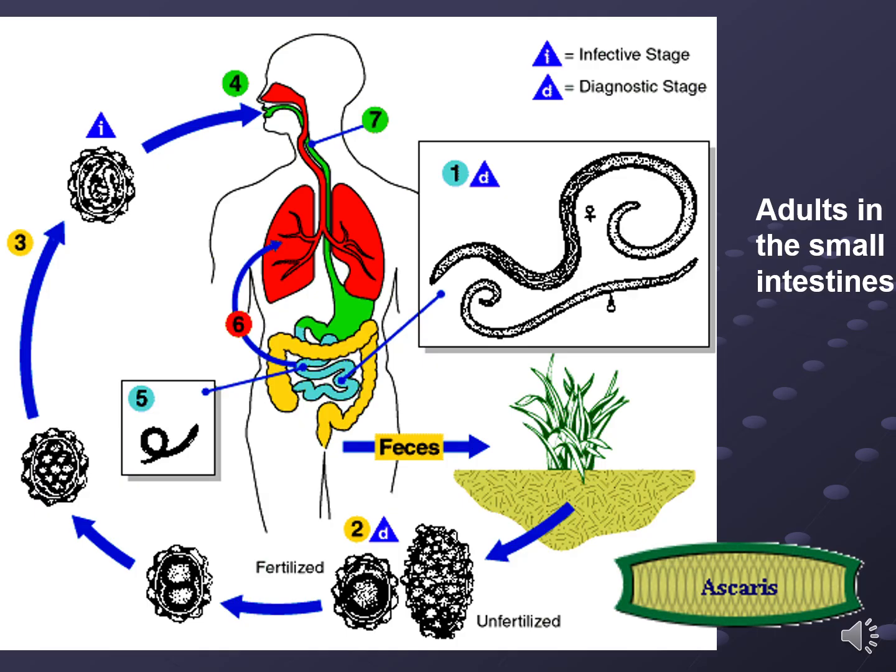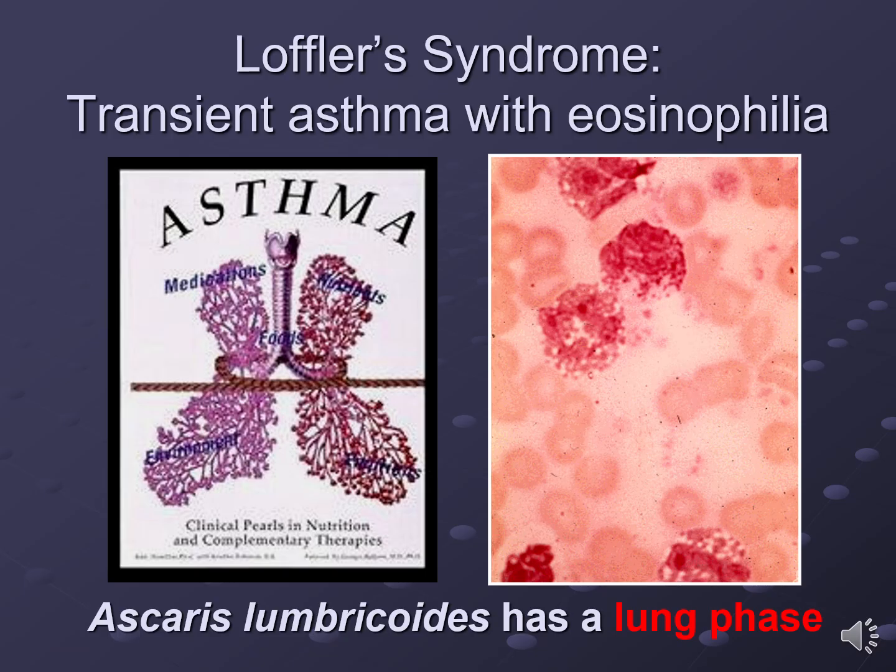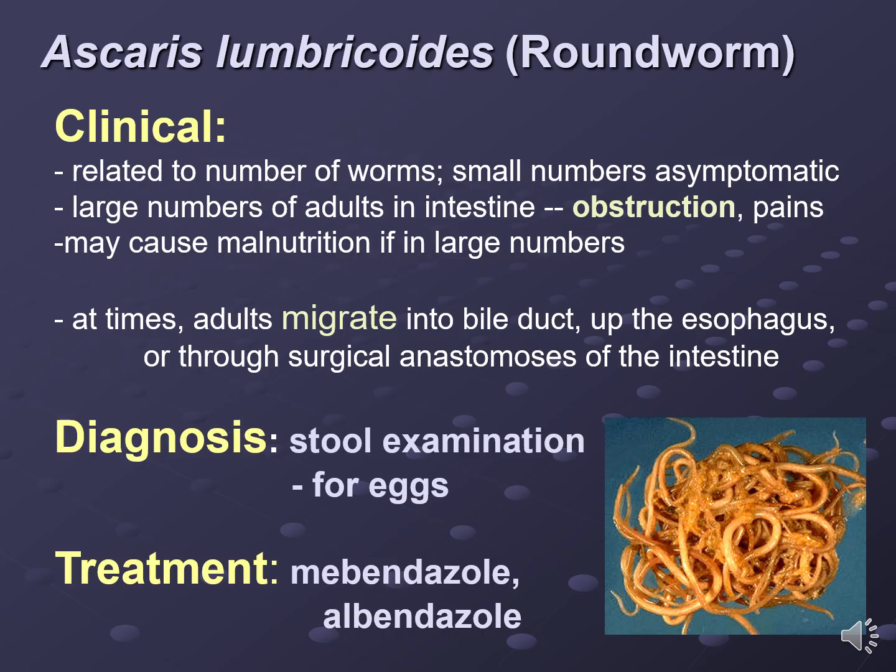If you take a blood test, you may find eosinophils, and that would correspond to Loeffler's syndrome, characterized by transient asthma and eosinophilia, like you see here.